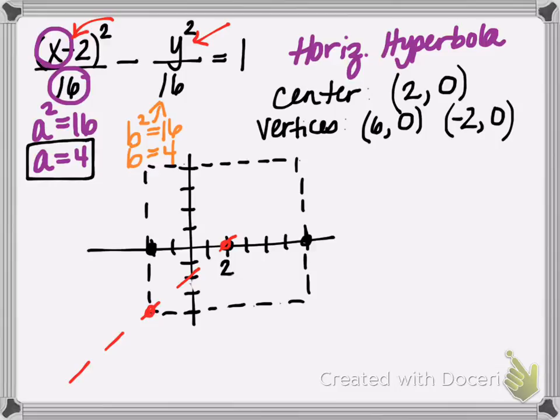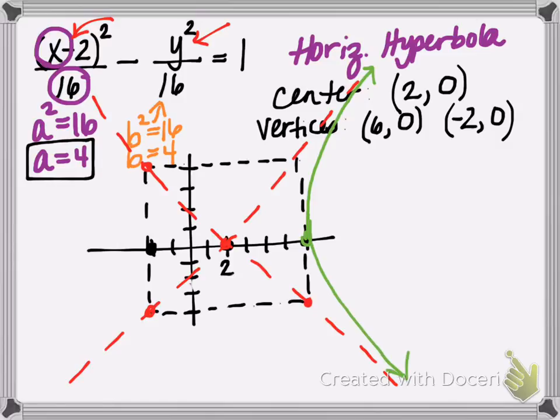If I connect the corners, then I have my asymptotes. So the corner of the box, the center, and the other corner. You can see mine is definitely not drawn very well. Graph paper would be excellent. And that's enough to draw your hyperbola. So remember, it has to pass through the vertex that we've graphed, and then it's going to approach my asymptotes. It's going to get very close to them. And there's the branch that's opening to the right. And then here's the branch that's opening to the left.